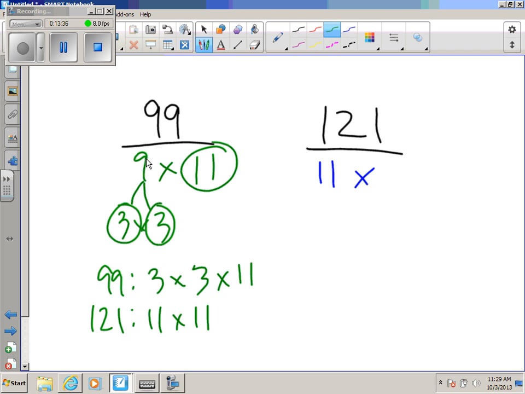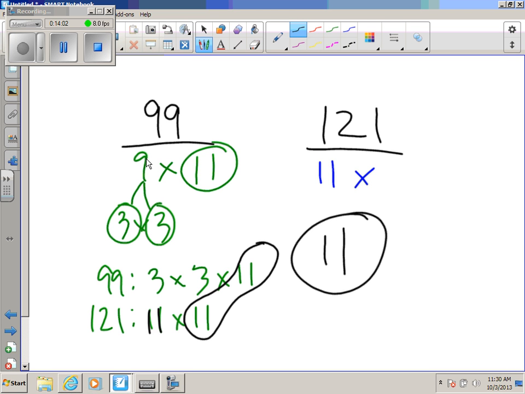Now watch. Don't confuse this. If we circle what they have in common, then what do we do? We write it down. Are there any other things that they have in common? No. Does this 11 that's left match up with anything up top here that's left? No. So this is it. It's just 11. I'm not multiplying 11 times 11.